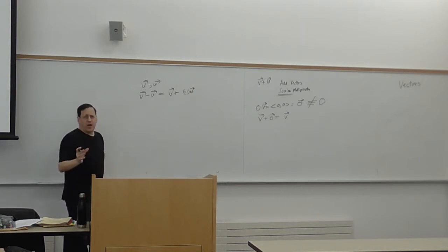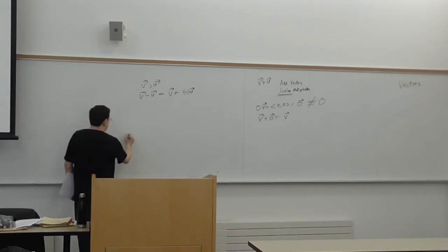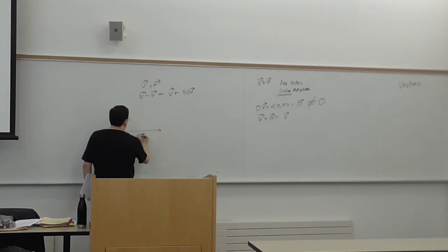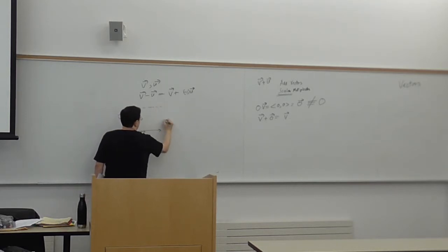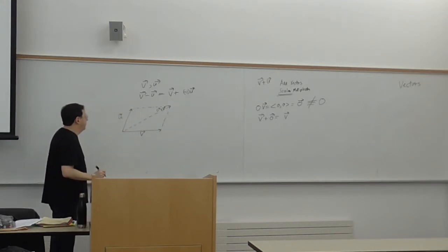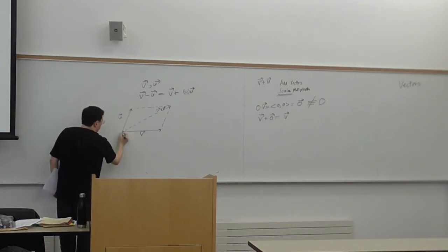It's good to look at that graphically. I have my v here and my u here. Recall that this would be v plus u along the diagonal. Minus u would be down here.